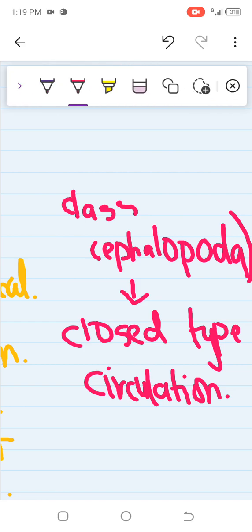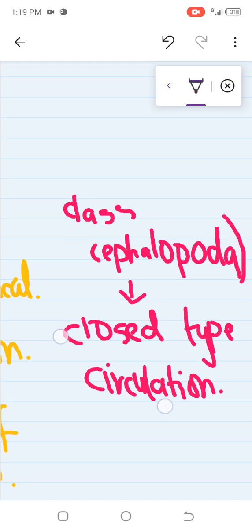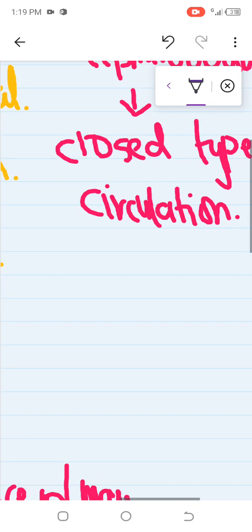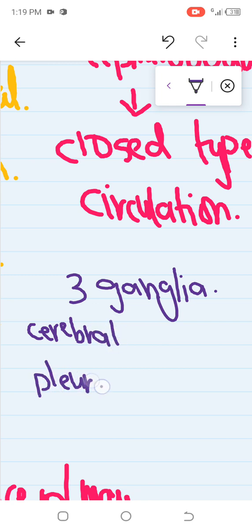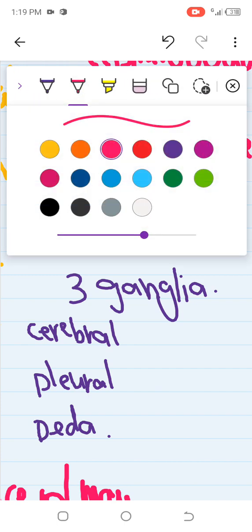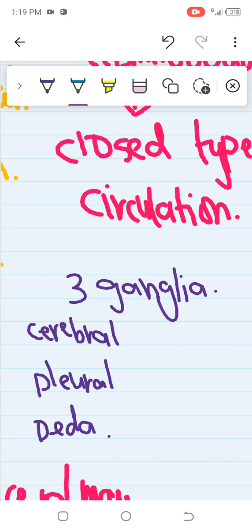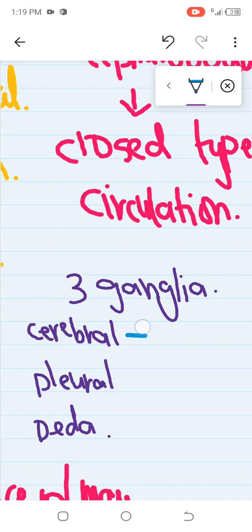With that, some more features: ganglia are present. There are three ganglia: first cerebral, second pleural, and third pedal. Now let's see the function.